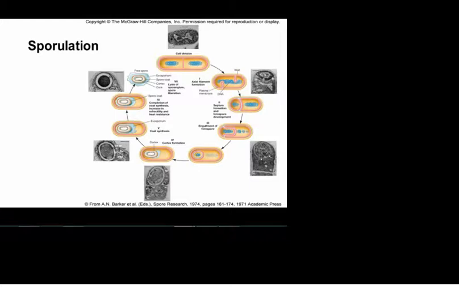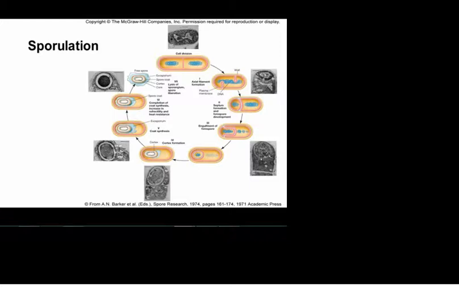The larger one engulfs the smaller one. The smaller one then becomes metabolically inactive, it shuts its metabolism down, produces small acid-soluble proteins, and just stops doing anything. And then it's the larger cell which will start secreting the cortex and then the layers of the spore coat.